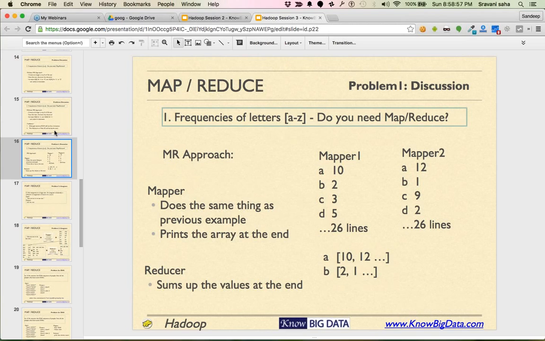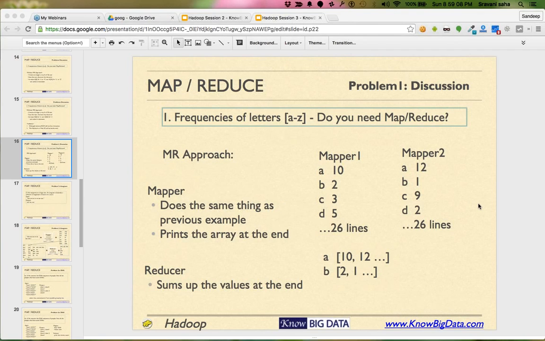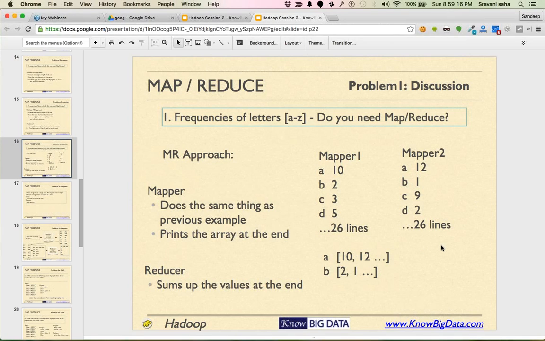For each block of text, for each line maybe, we are calling our program. In the mapper, we are using the program which we wrote earlier. Yes, that's correct, Ravi. So instead of just printing A1, B1, and C1, we are using this.